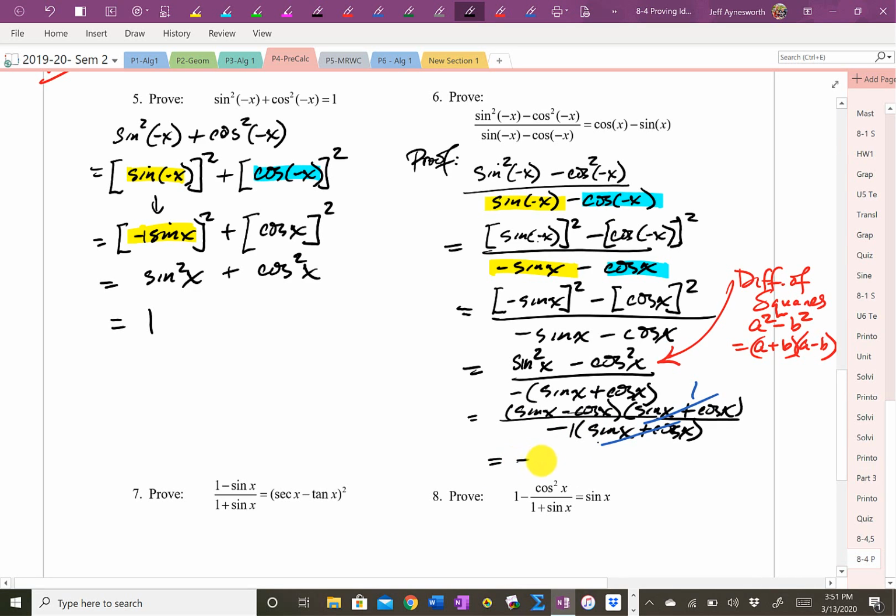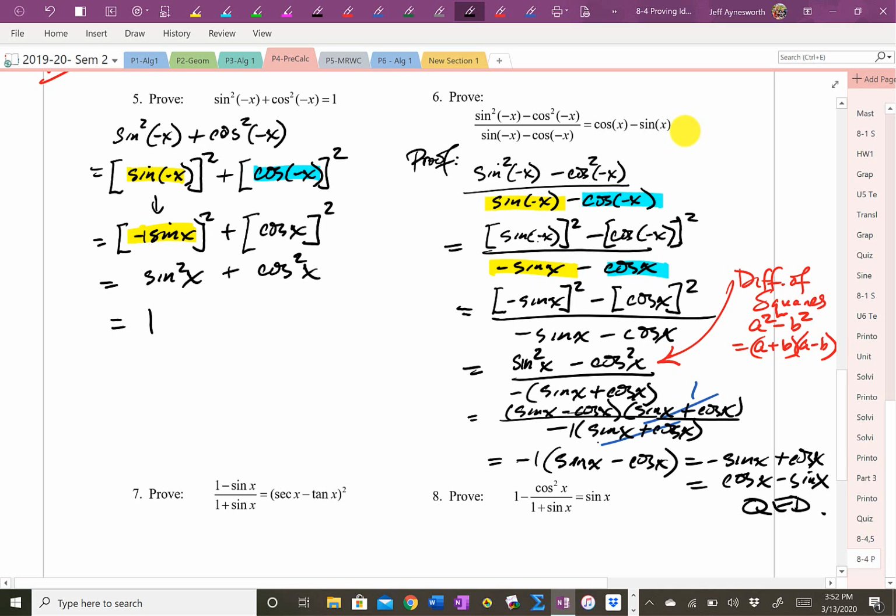In other words, I get negative 1 times sine x minus cosine x. And if I distribute through the negative, I get negative sine x plus cosine x. And if I just switch the order, I get what I'm trying to achieve: cosine x minus sine x. And now I'm done, because that, my friends, is the right-hand side.